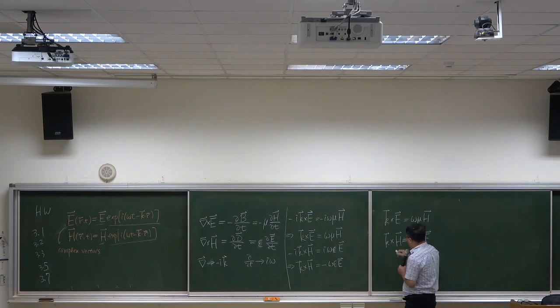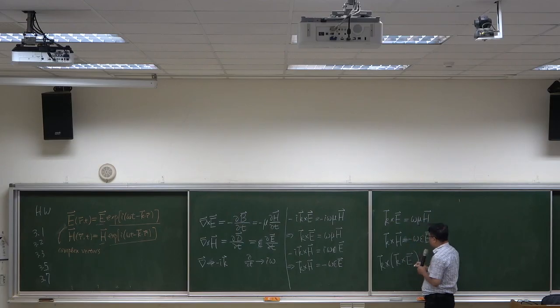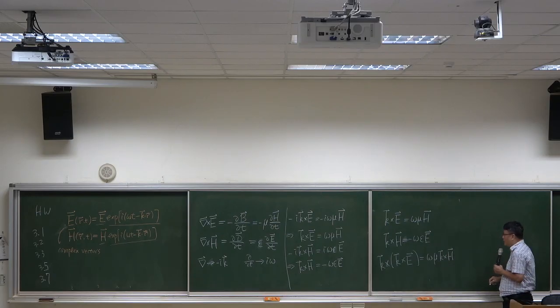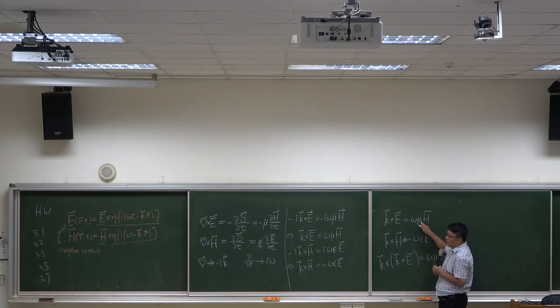So now we do the operation k cross, k cross E, and I get omega mu k cross H. Okay. Remember that now mu is a number, okay, not a matrix.